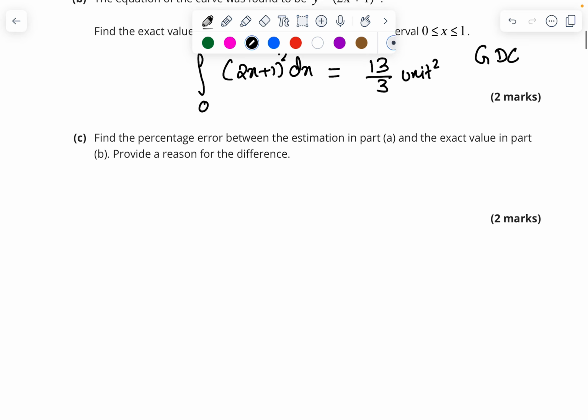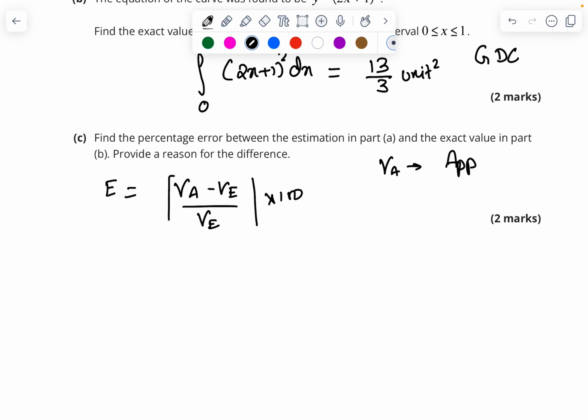Find the percentage error. The percentage error formula is going to be VA minus VE upon VE times 100. What is VA? VA is going to be the approximate value, and VE is going to be the exact value.